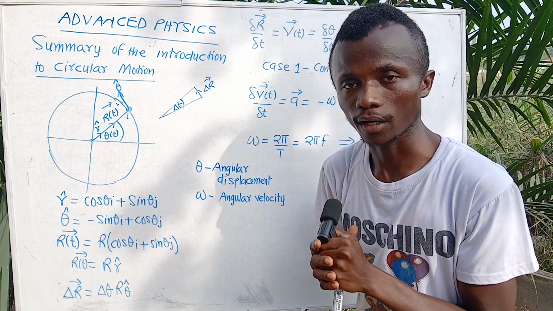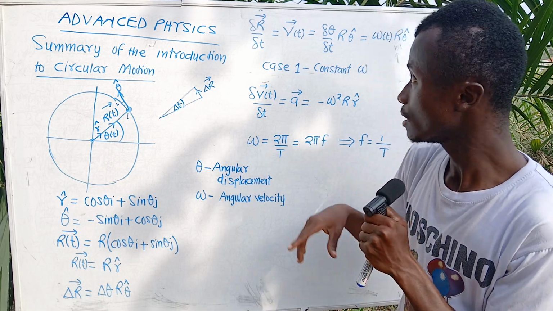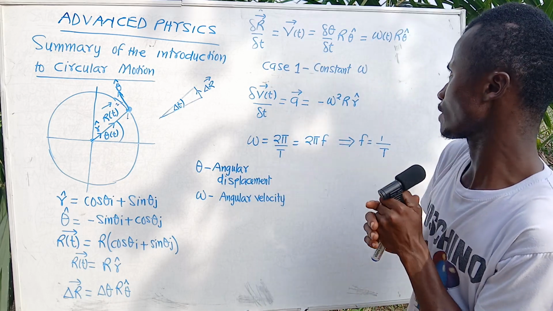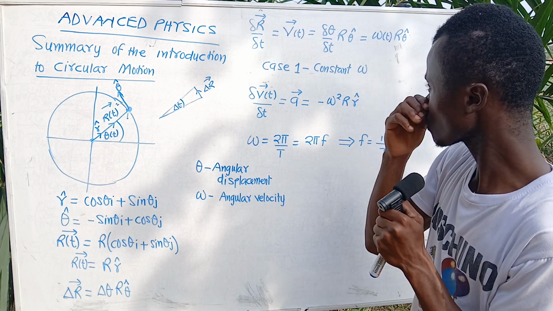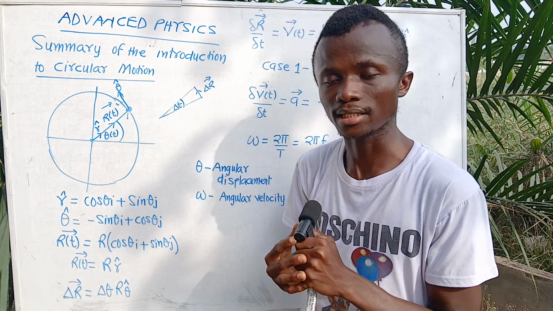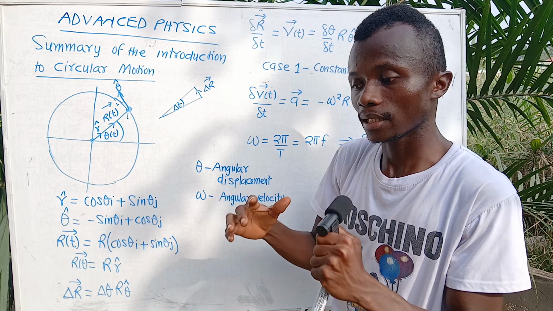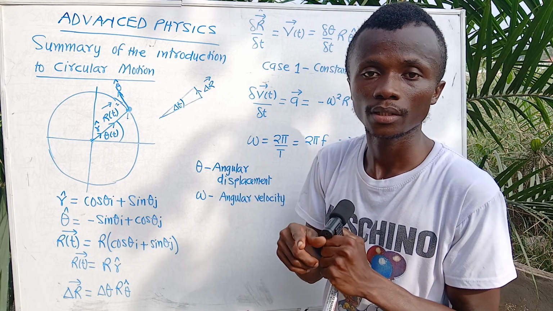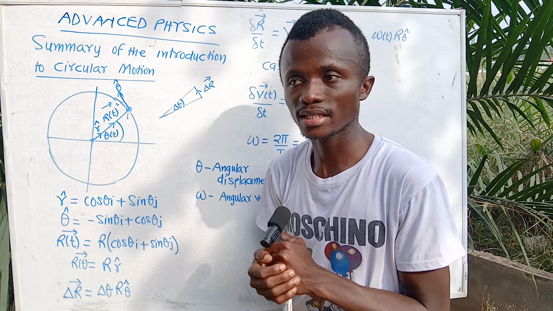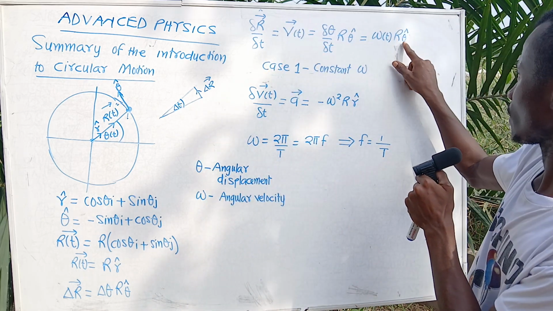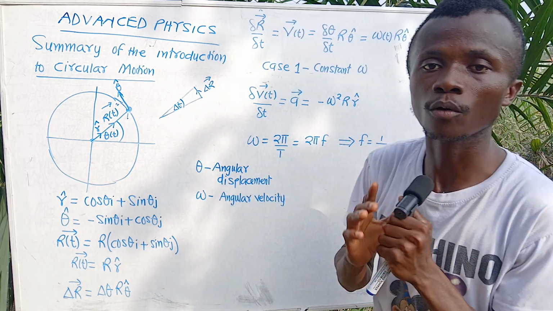And we look at case 1 where omega is a constant. So dv dt, if omega is a constant, and also given that r is a constant, we would first have a notion that then the linear acceleration will be 0, because the derivative of a constant is 0. But in this case, it's a no, because the unit vector theta roof is not a constant.